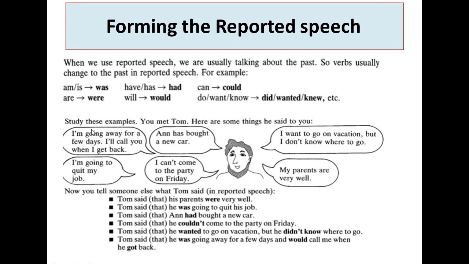So here am or is becomes was, are becomes were. So here present becomes past. Am, was; are, were. Have becomes had. Will becomes would. Can, could. Do becomes did. Want becomes wanted.